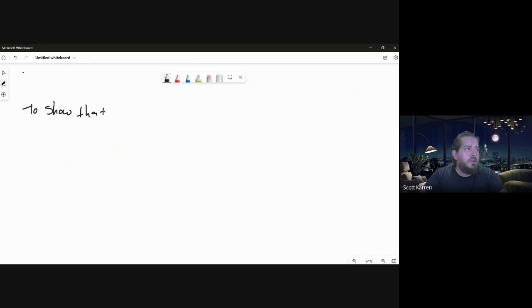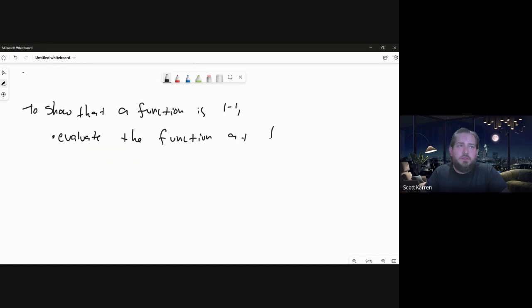To show that two functions, let's back up. To show that a function is one-to-one, right? What we're going to do is evaluate the function at 2 points.